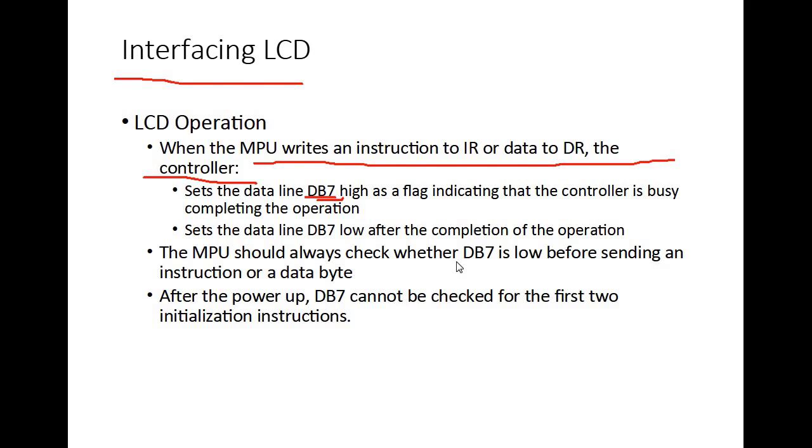The MPU should always check whether DB7 is low before sending an instruction or a data byte. You can check by reading the status of the device and checking DB7. If DB7 is low, it means the controller is ready to accept the next data or command. If DB7 is high, it means we have to wait. But you cannot check DB7 just after power up. After initialization, the DB7 check actually comes into play.